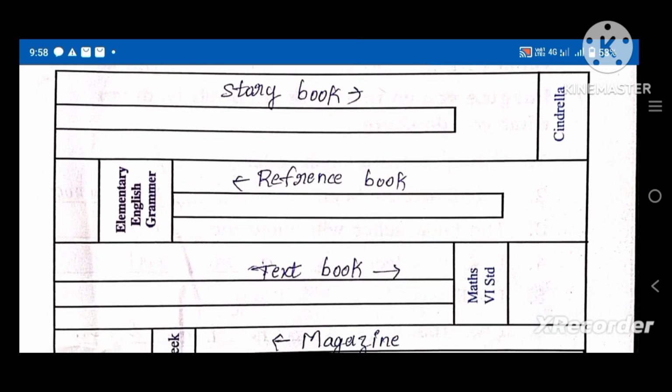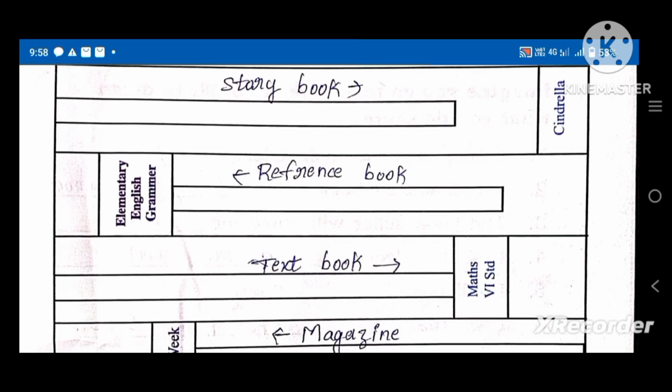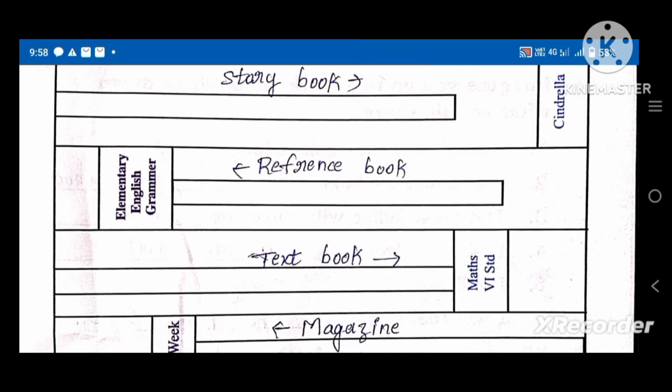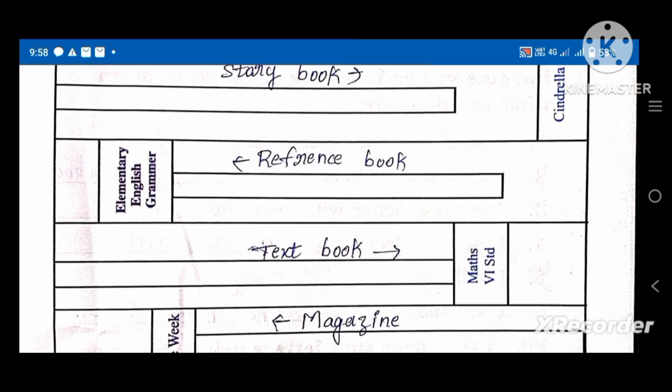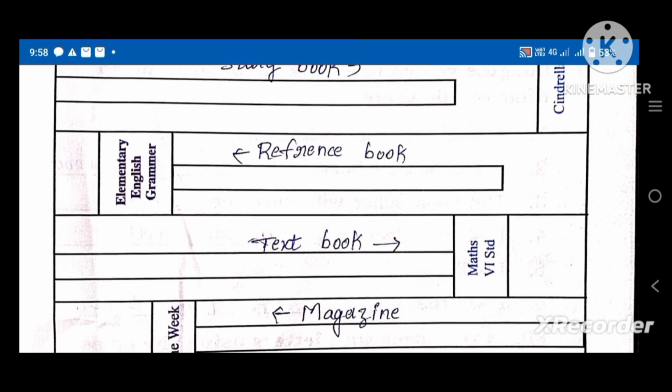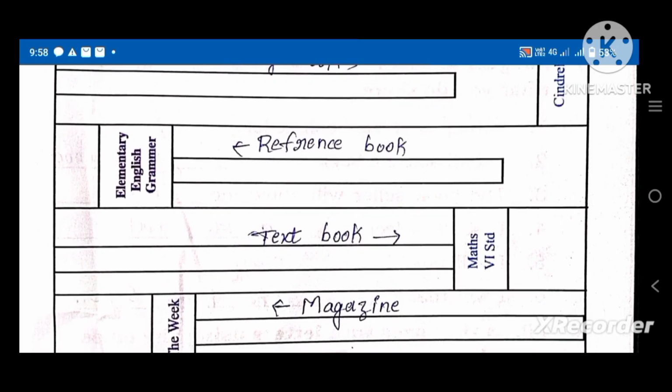Cinderella is a storybook. Elementary English Grammar is a reference book. Maths 6th Standard is a textbook.